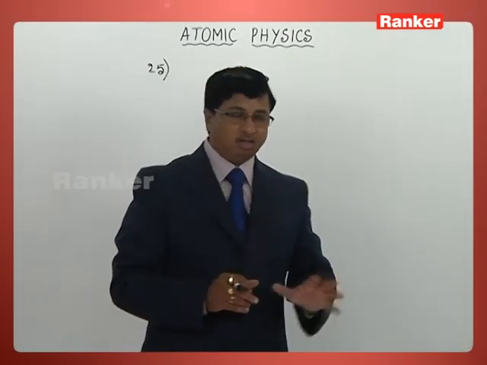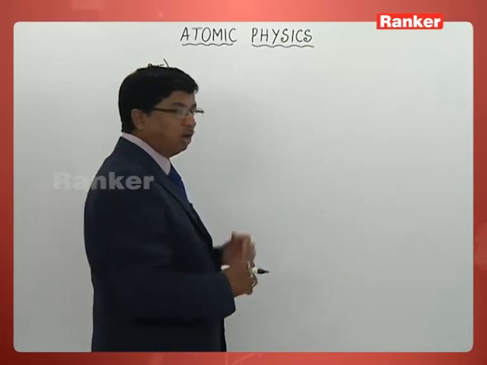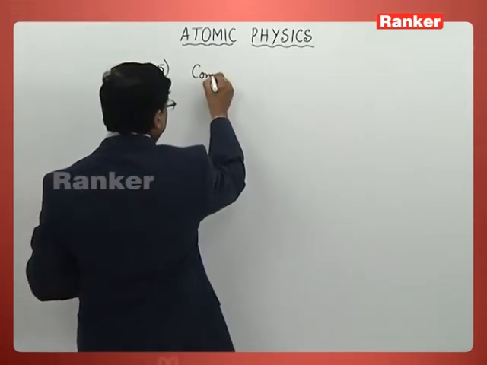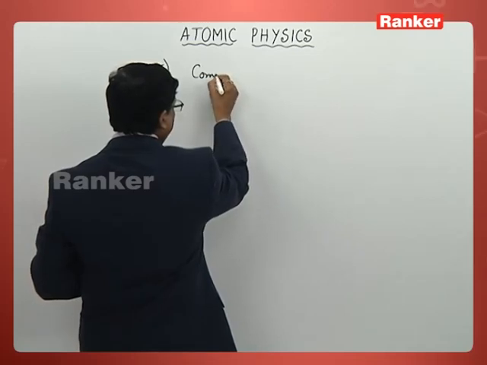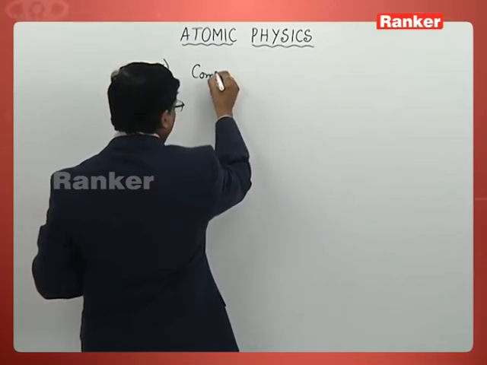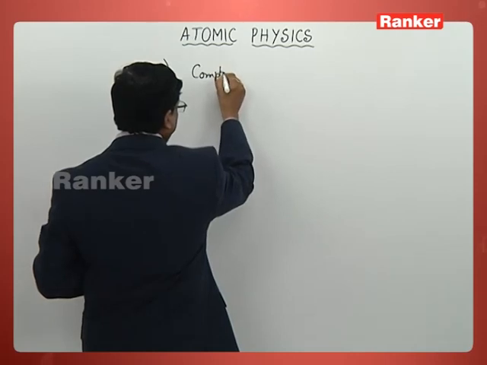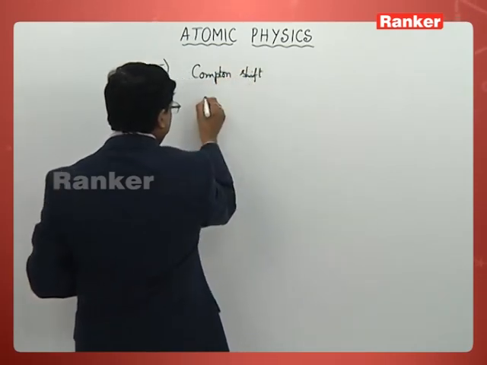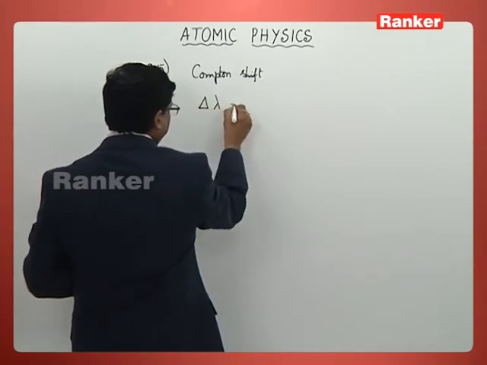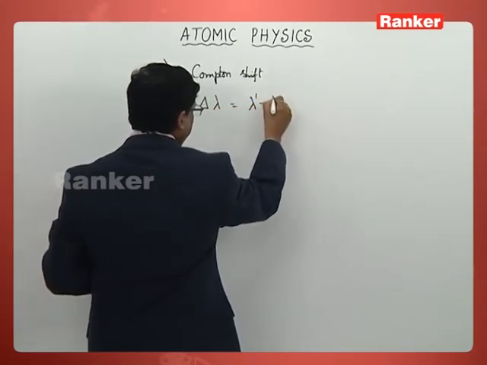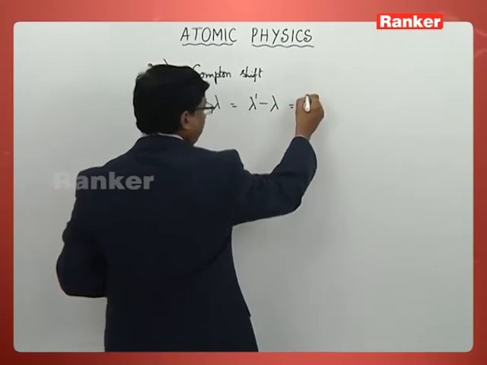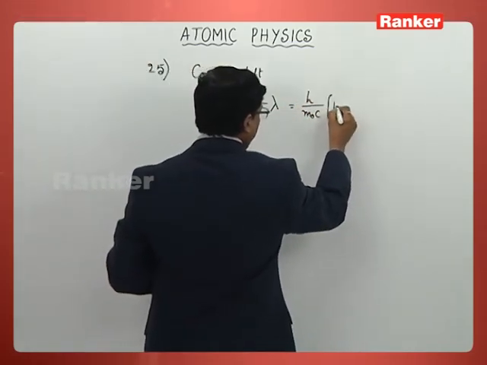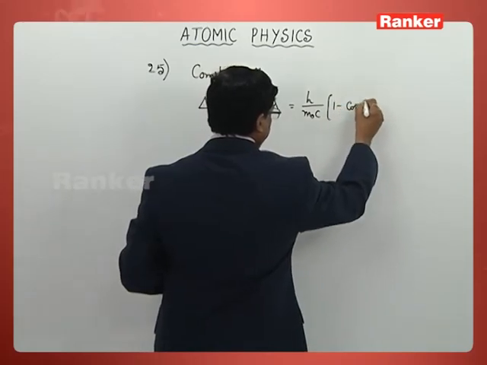Now once again recollect the formula for Compton shift, which we wrote in the previous problem. Compton shift is delta lambda, lambda dash minus lambda, that is h by m naught c into 1 minus cos phi.